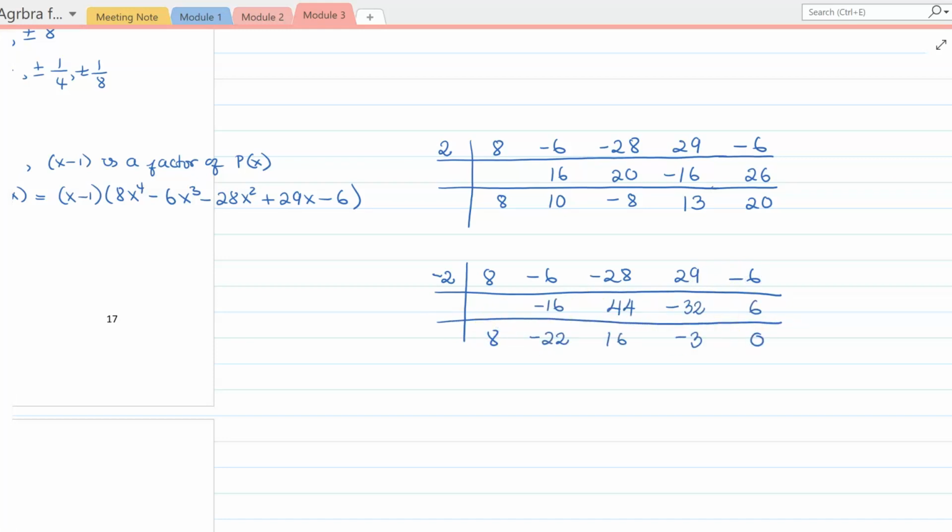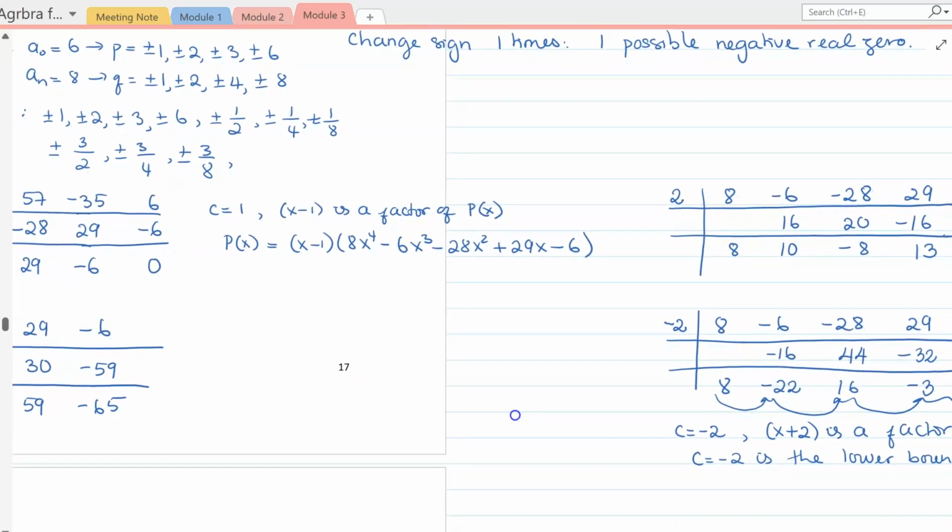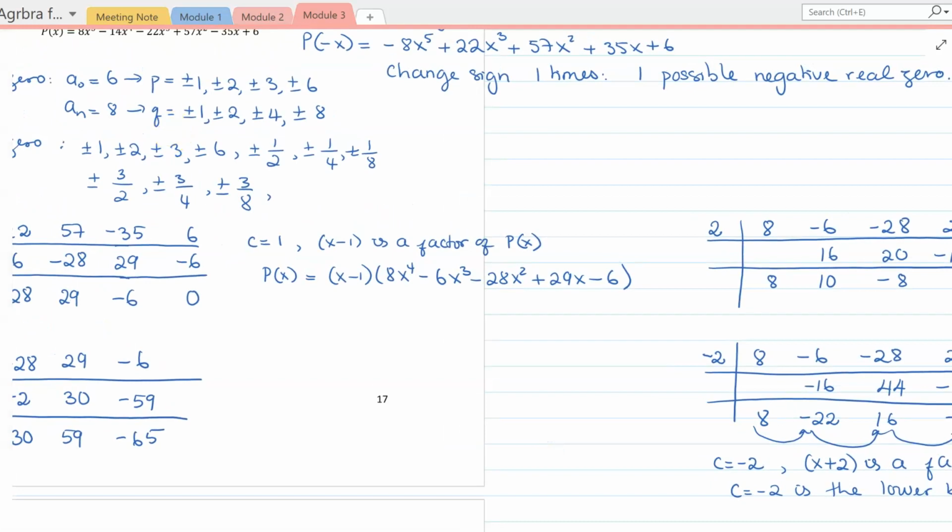This means c equals negative 2 and x plus 2 is a factor of p of x. Note that here we also have an alternating sign. This means c equal negative 2 is the lower bound of p of x. So we don't need to check negative 3 and so forth, and negative 6. That eliminates many numbers that we need to check.